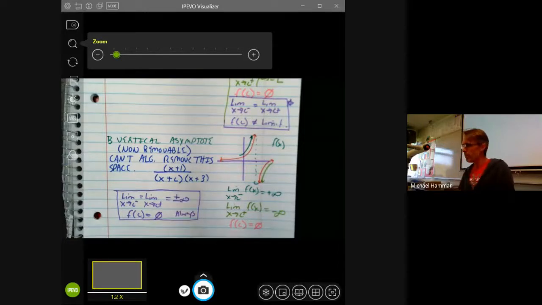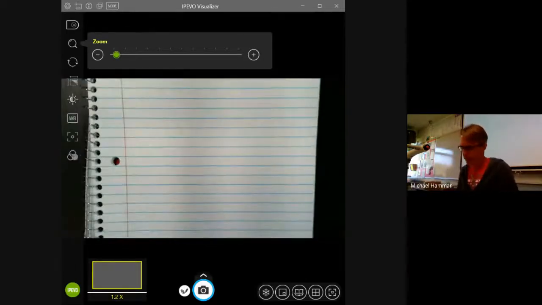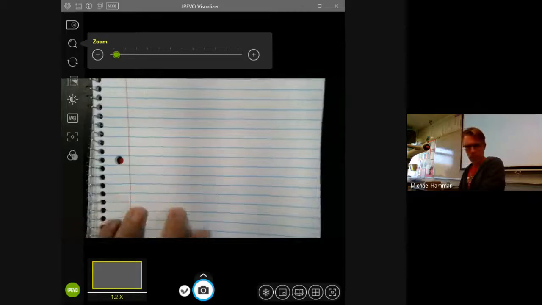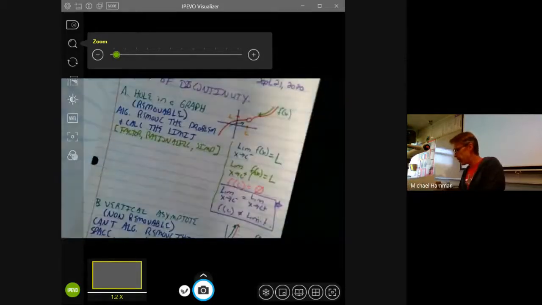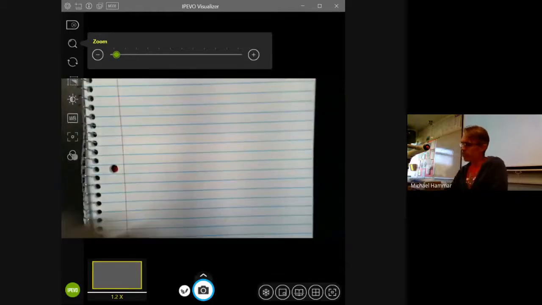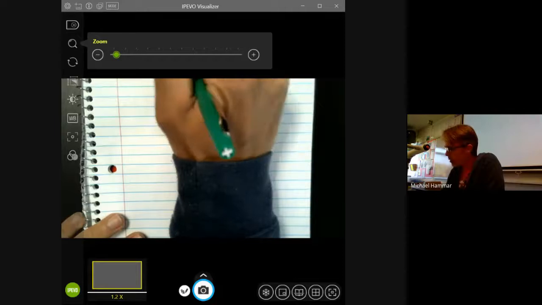Okay? Now, we have one more type of discontinuity. That last type of discontinuity is called a non-removable or a jump discontinuity. Okay? So the third and final one is called a jump discontinuity.